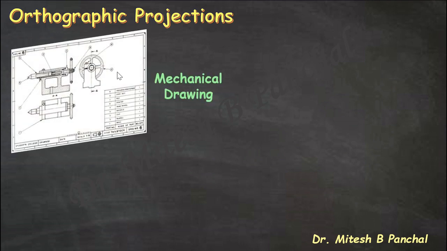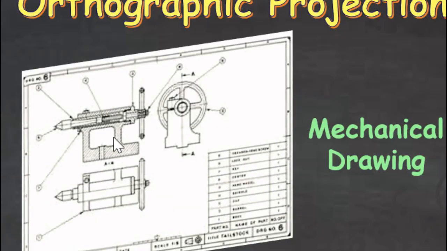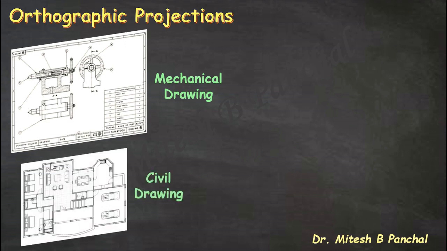So this mechanical drawing is nothing but the drawing of the tailstock of a lathe machine, right? Also we can obtain the civil drawing, like this.